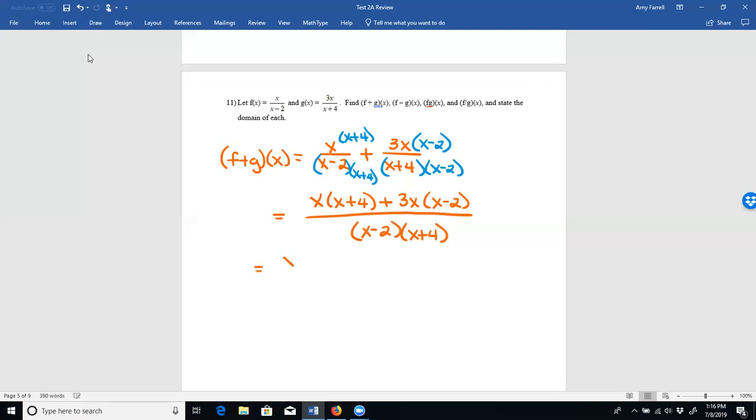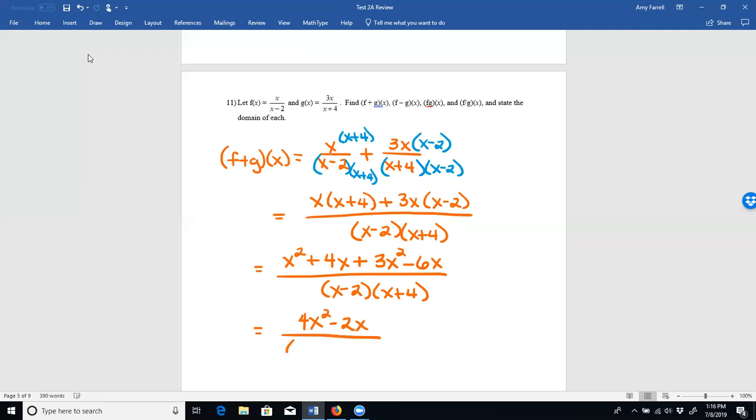And now I'll distribute, so x squared plus 4x plus 3x squared minus 6x all over x minus 2 times the quantity x plus 4. So my answer is 4x squared minus 2x all over x minus 2 times the quantity x plus 4.